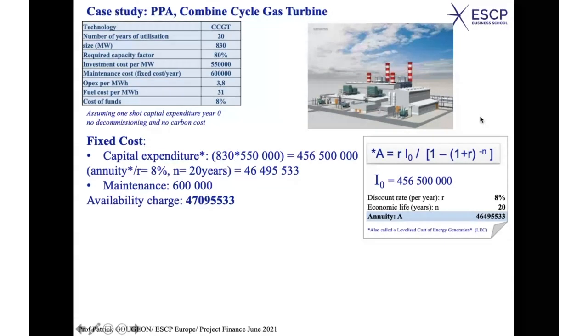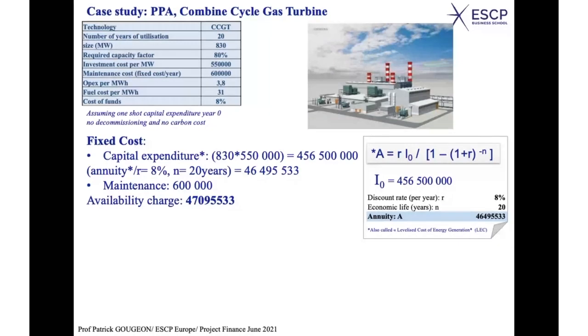Okay, and the annuity would include the depreciation, that is the repayment of the initial investment, plus the cost of funds. Okay, so taking the annuity gives you an idea about the fixed cost due to the investment to cover the amount invested and which is depreciated year after year, and also the remuneration for those who have given the funds in the first place.